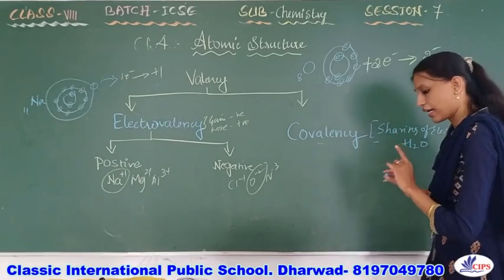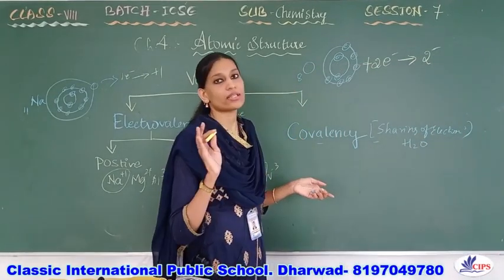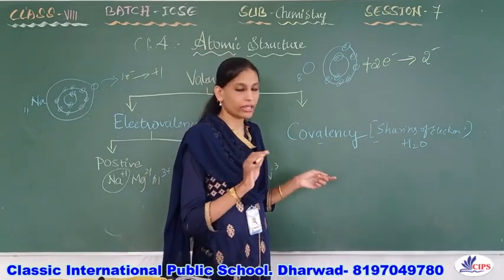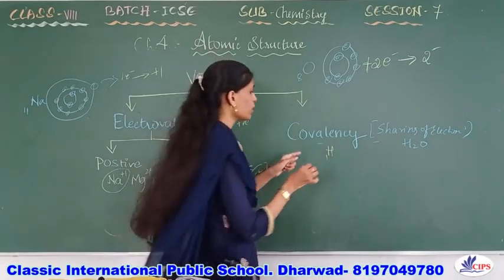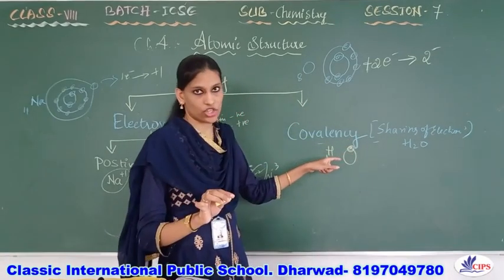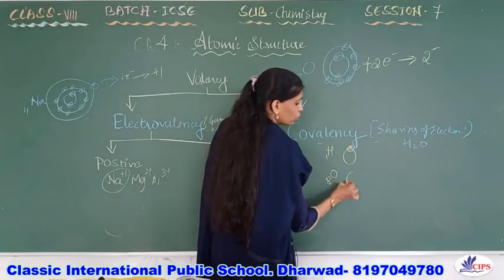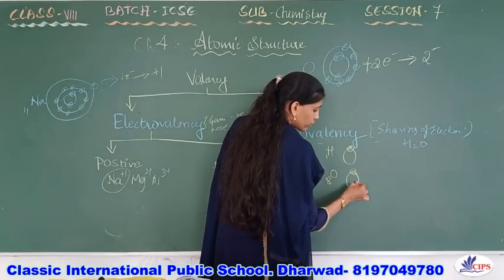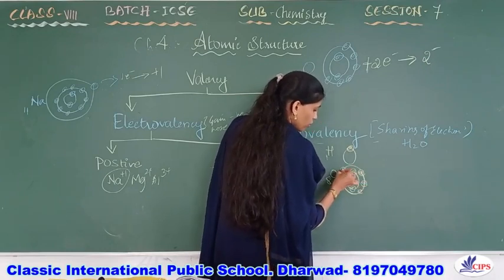So students, you should know the symbols, you should know the atomic numbers. Hydrogen atomic number is 1, so it has only 1 electron in its K shell. Now oxygen atomic number is 8. So K shell 2 electrons, here 6 electrons, 1, 2, 3, 4, 5, 6.